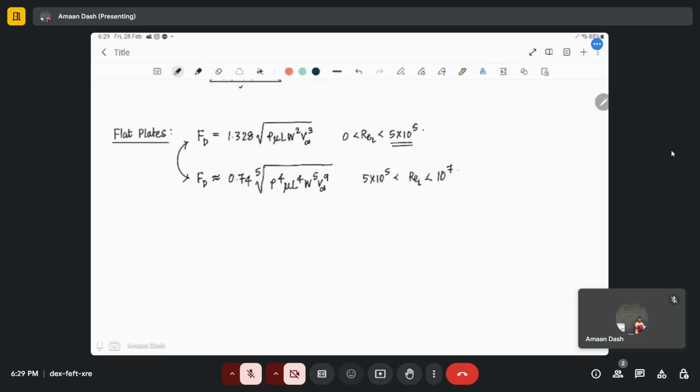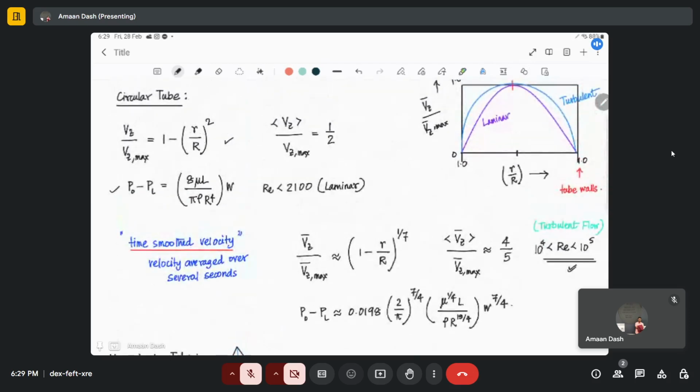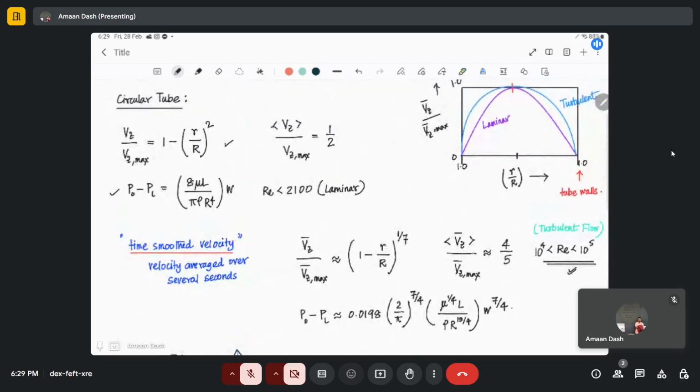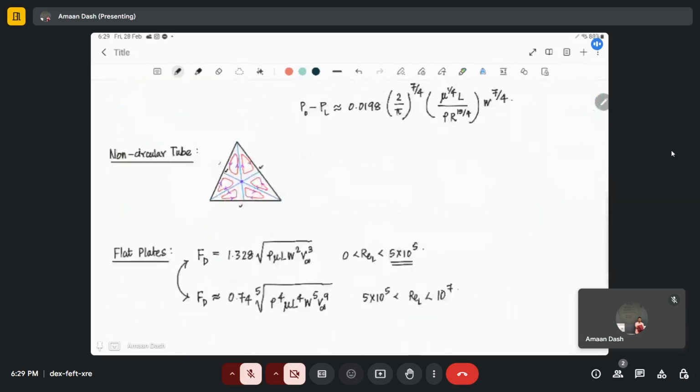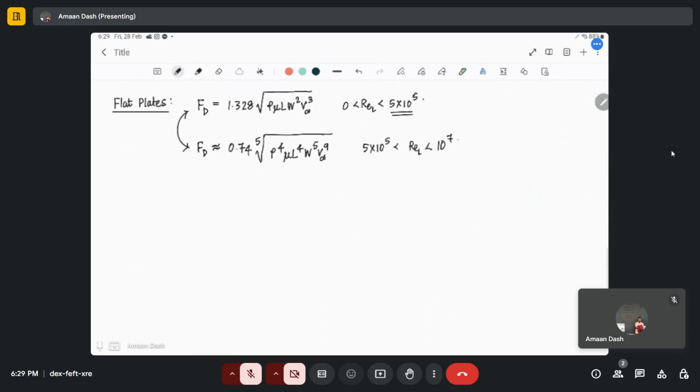But one thing from all these expressions, what we can see is that to maintain the same flow in turbulent flow, especially in turbulent flow, we need higher energy, either in a circular tube or in a non-circular tube or in a flat plate.